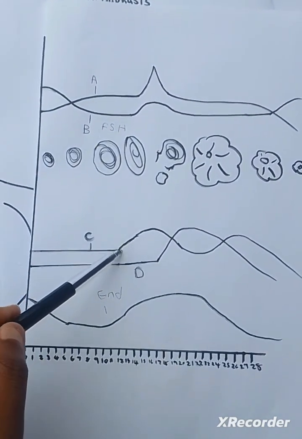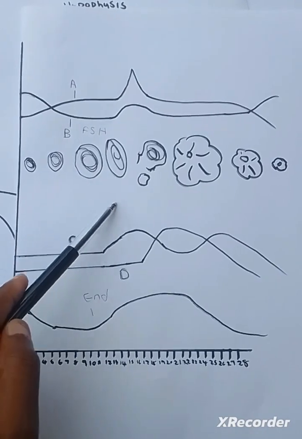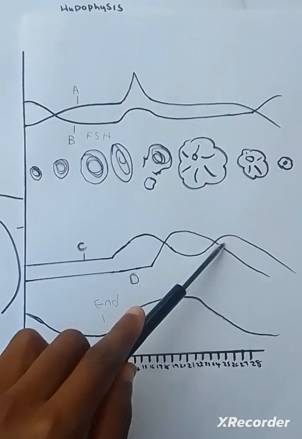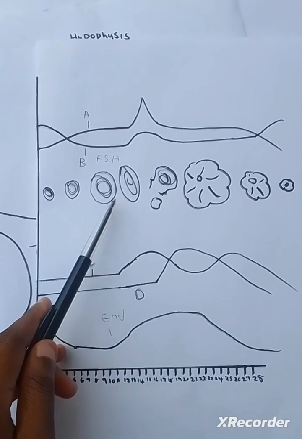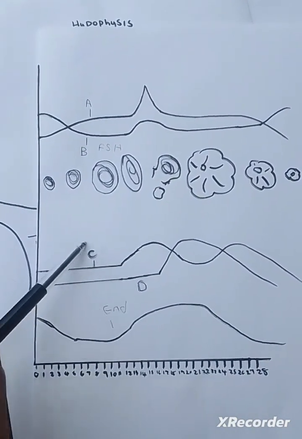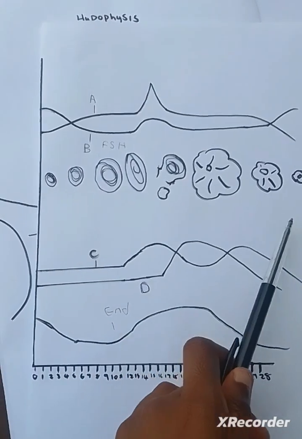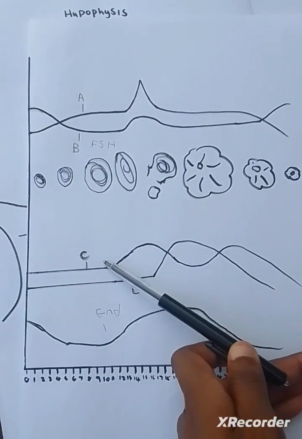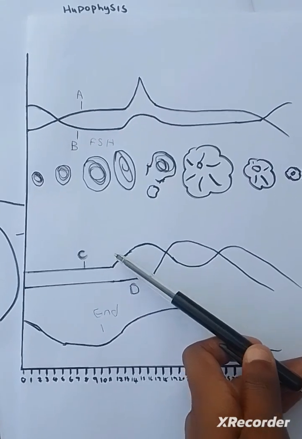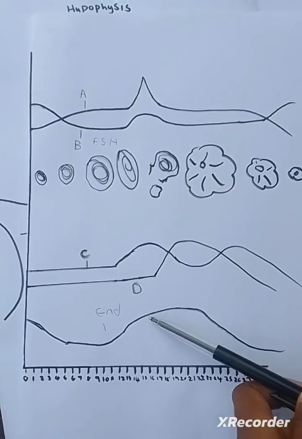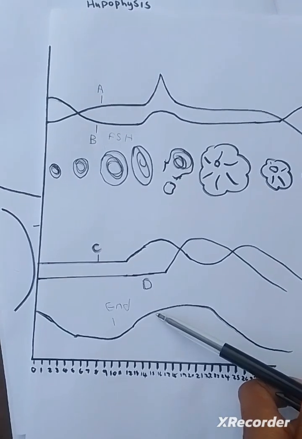Because estrogen is produced by the graafian follicle, before it bursts. And what is the relationship between this hormone and the endometrium? As estrogen is being released by the graafian follicle, it makes the endometrium thick, to prepare the uterus for pregnancy.